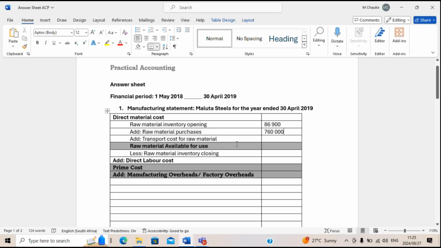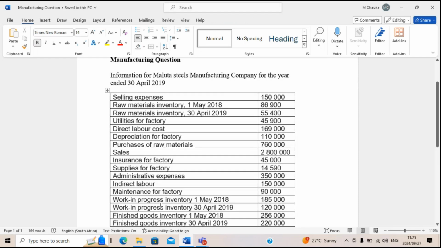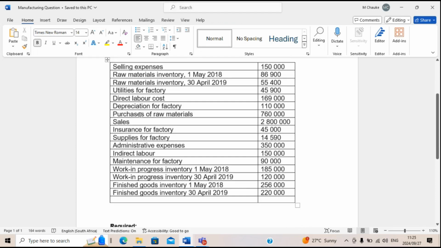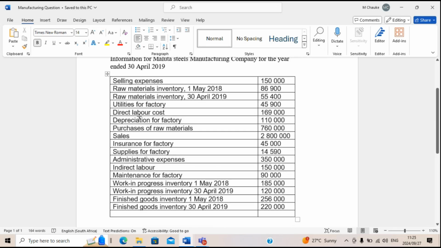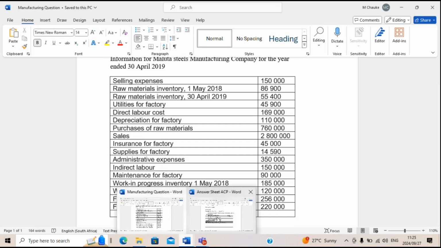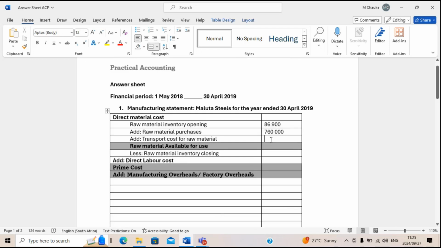And then transport costs. Let's go and check in our question if we've got any transport cost on purchases. By the look of things here, we do not have the transport cost, right? So it means for our transport cost we're just going to put a 0, okay? Because there's no figure to put except 0, right?